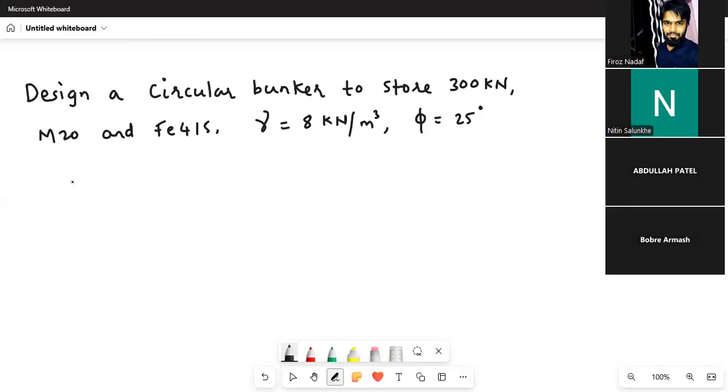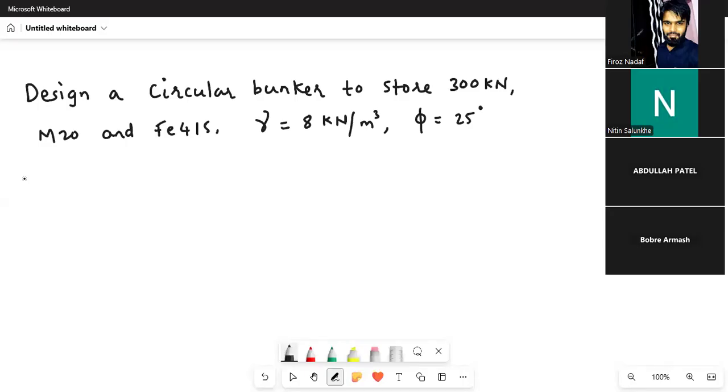Coefficient of friction is given. But in case of bunker, we are not considering friction. In case of silos, because silos are larger than the bunker, the depth of the silos is more as compared to the bunker.